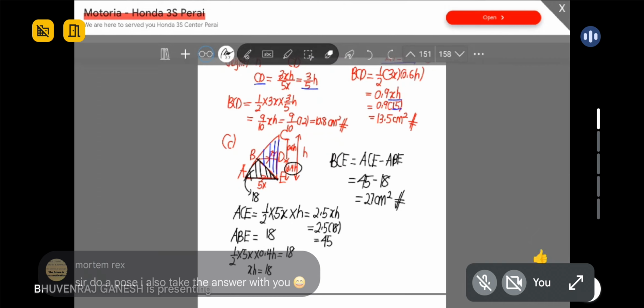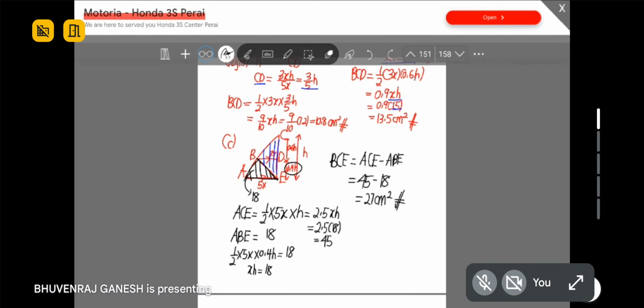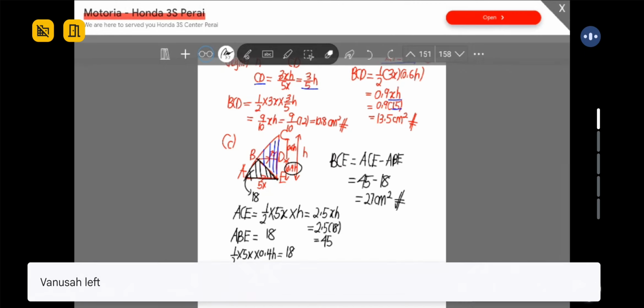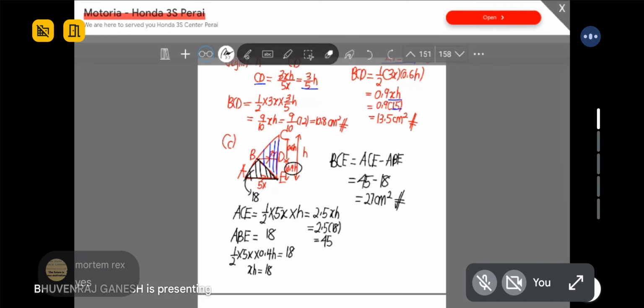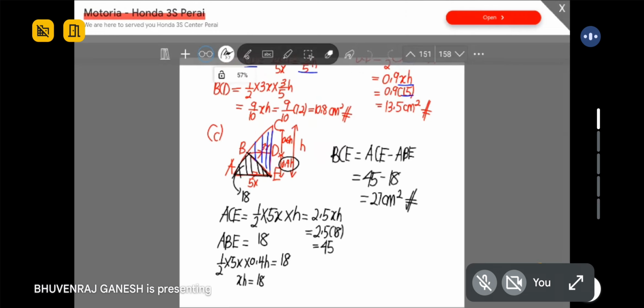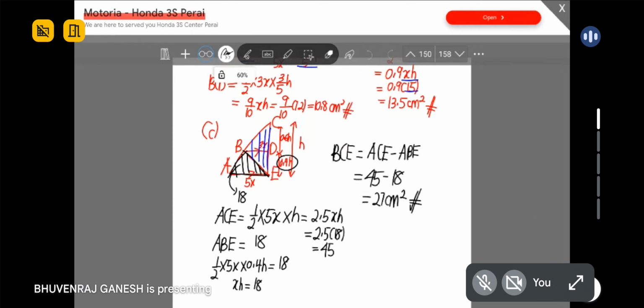Taken? Okay. I hope not many people took the picture just now. Don't take the picture of my face, guys. You're supposed to take the picture of the Add Maths. Later I'm scared you spread my face around.